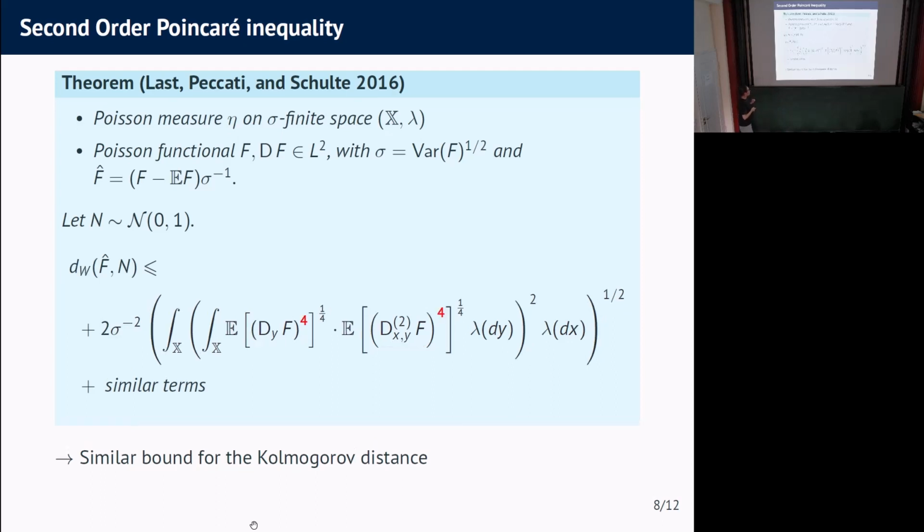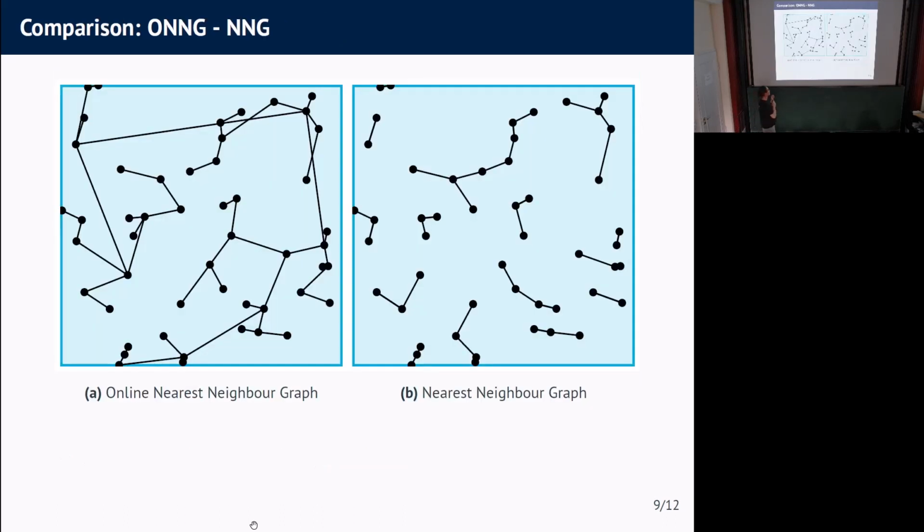Right, what I also want to draw your attention to is that we have fourth moments of these add-one costs. And while that is nice and well, the fourth moment is sometimes too large for what we have in mind. And for that, we can go back to our example from the beginning. So here I'm comparing an online nearest neighbor graph to a nearest neighbor graph, where we do the same thing of connecting to the nearest neighbor, but we forget about time.